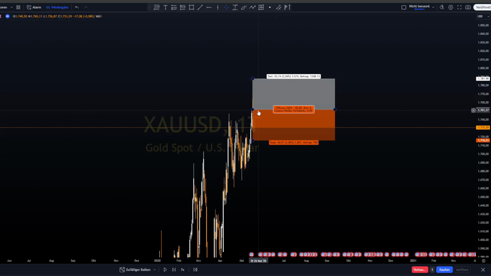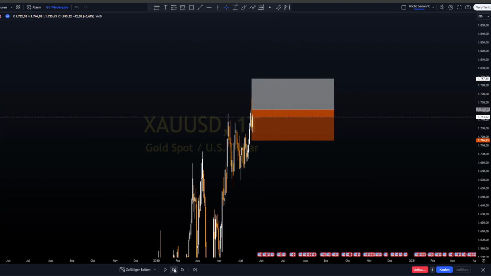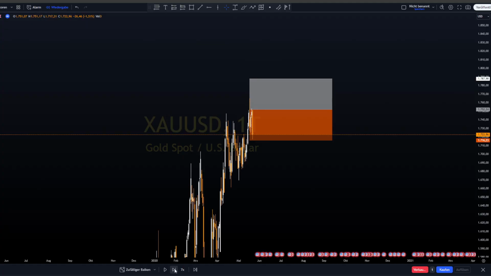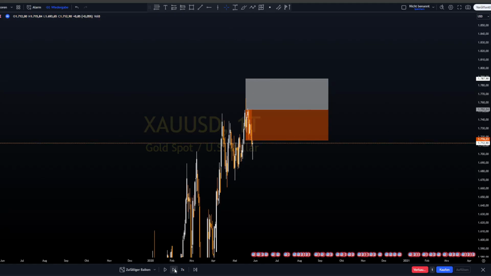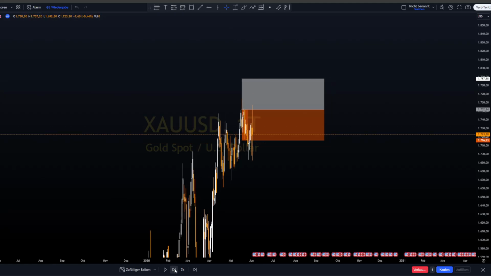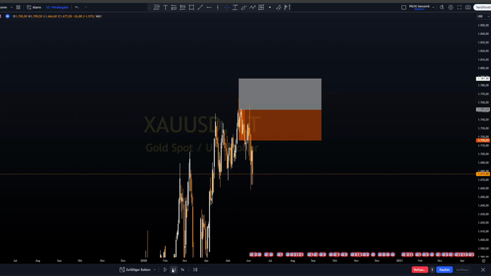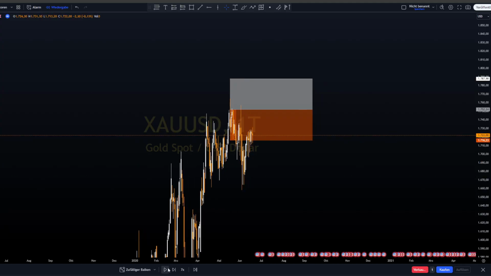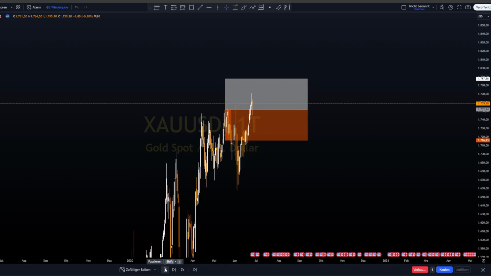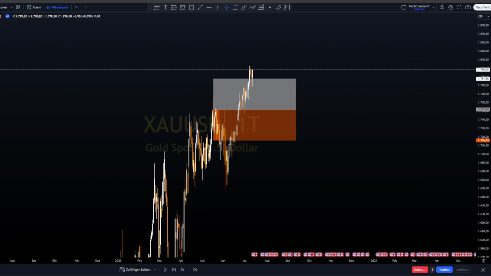So we broke it, you see. Now we made a big bearish candle. And we got stopped out in this case. And now let's move in the direction.